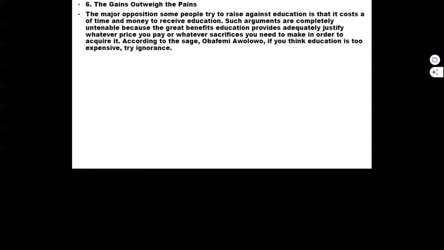Such arguments are completely untenable because the great benefits education provides a child adequately justify whatever price you pay or whatever sacrifices you need to make in order to give education to that child. According to the sage Obafemi Awolowo, if you think education is too expensive, try ignorance.